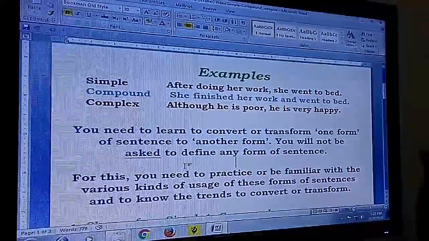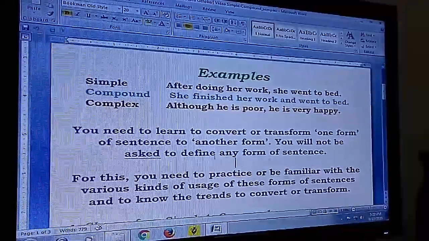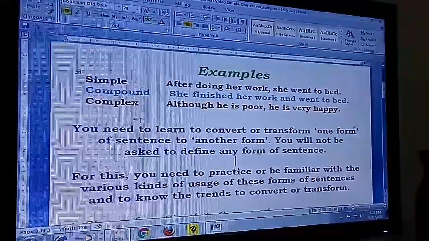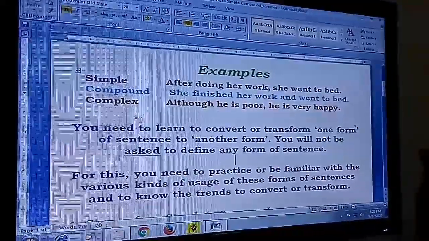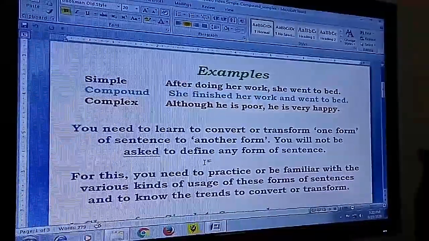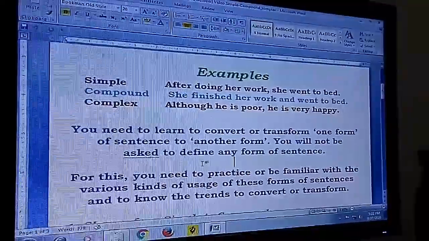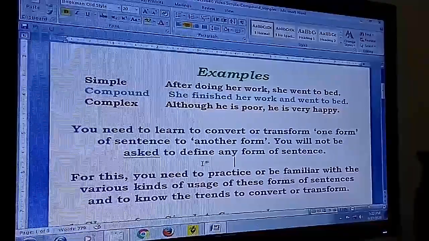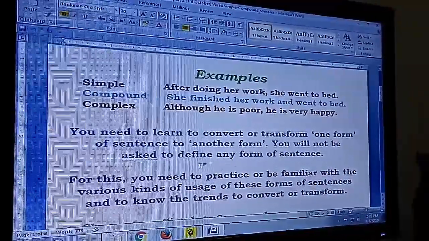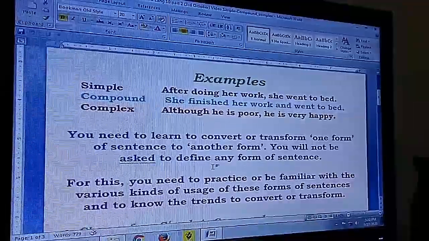You will not be asked to define any form of the sentence. What is a simple sentence? Give example. Such a question will never be asked. You will only be asked to use them, from one form of sentence to another form of sentence.